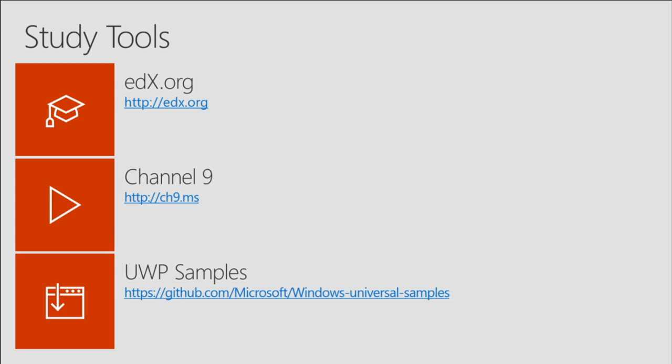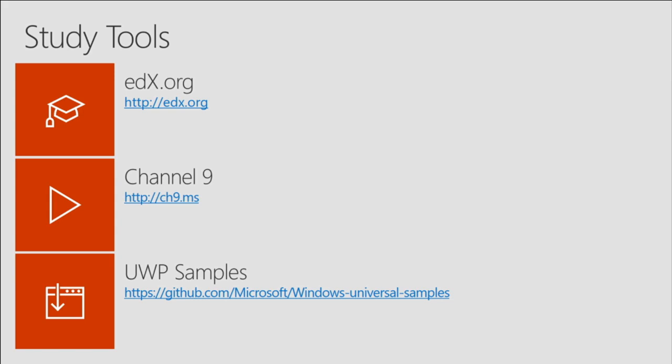edX.org. That's our massively open online courses. These are online courses, 100% free, that allow you to go in and actually take a traditional class. We have classes on Universal Windows Platform that cover a lot of these topics. Channel 9 is where you want to go if you want to see really cool samples and demos. People are doing a lot of these features.